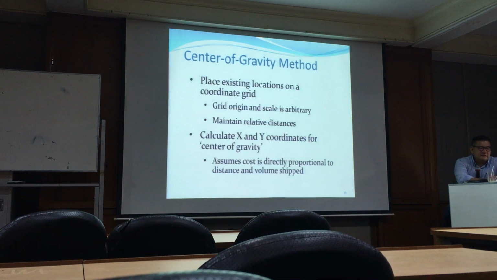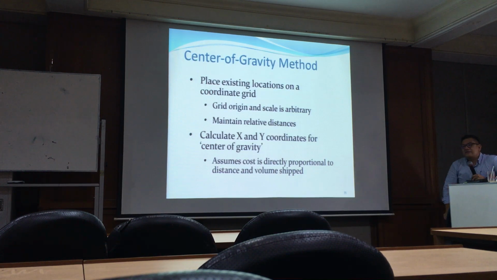As I mentioned, the distribution center should be the one that, in general or on average, is close to every destination, because we want to have the lowest transportation cost. So what are you going to do, right? You place the existing locations on the coordinate grid, right? The origin and scale are arbitrary, so it depends on you.